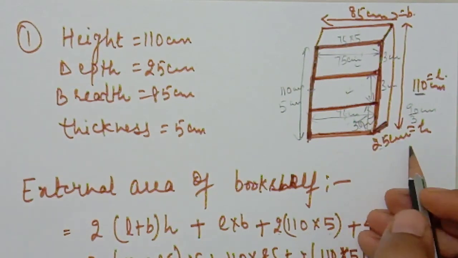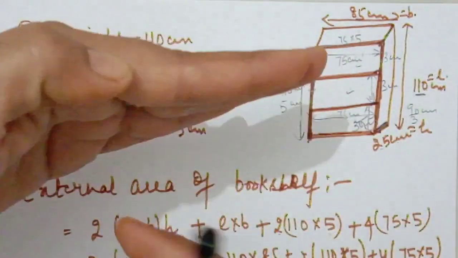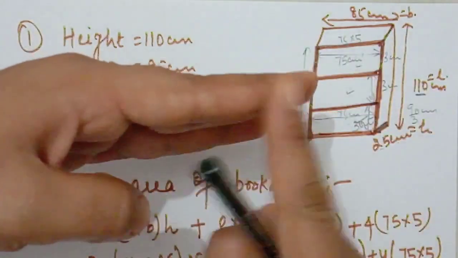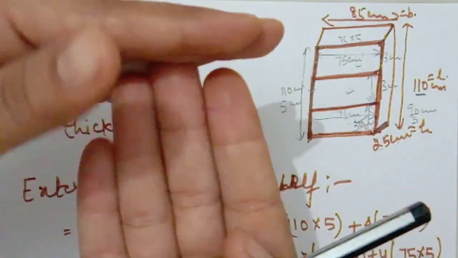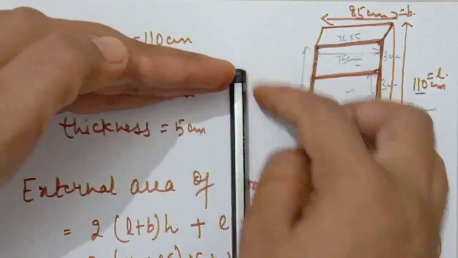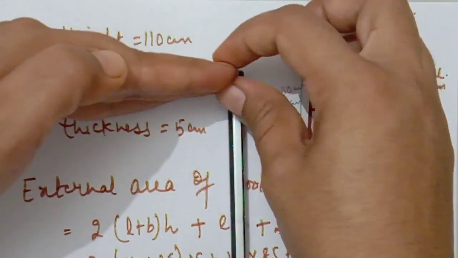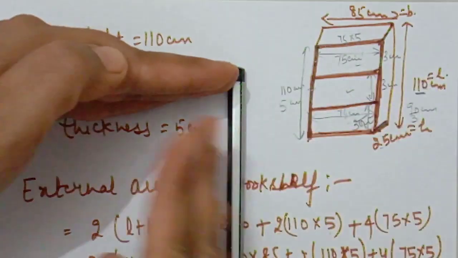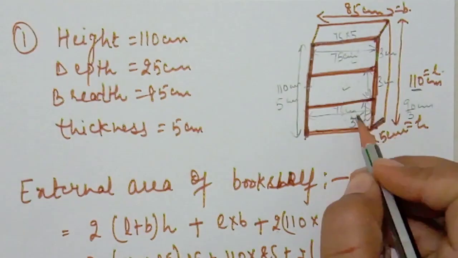Students, please pay attention. The plank which is present on the backside, the breadth of the plank is 5 centimeters, but the depth of this box is total, from here to here, 25, but the thickness of this plank, which is 5 centimeters, is subtracted from this length if we are going to paint inside the box.